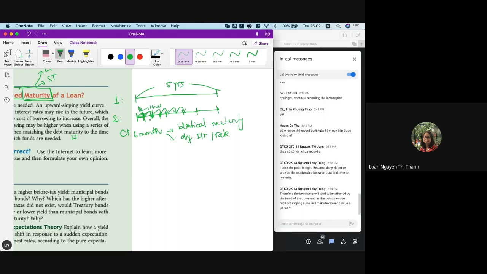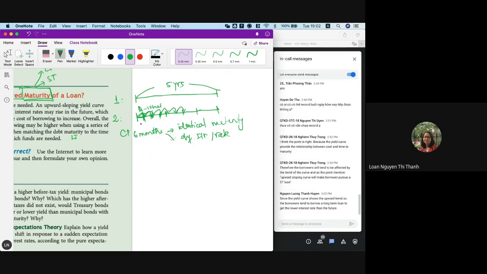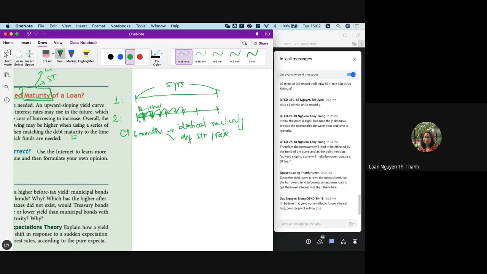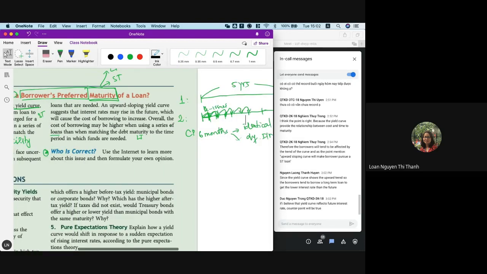For the point, you can enjoy the lower short-term interest rate here, but you have to face the interest rate risk, the risk of a change in the interest rate, okay? With the expectation that the interest rate will increase in the future. Say that.